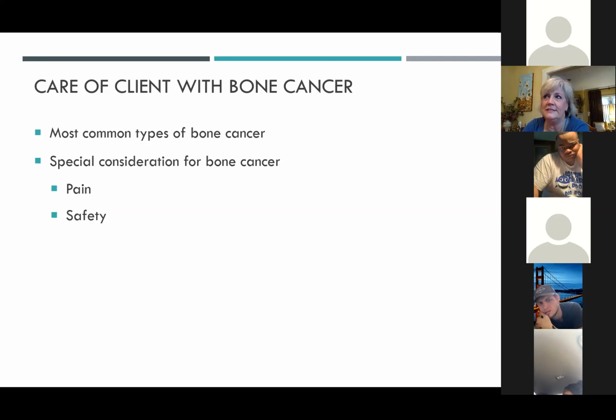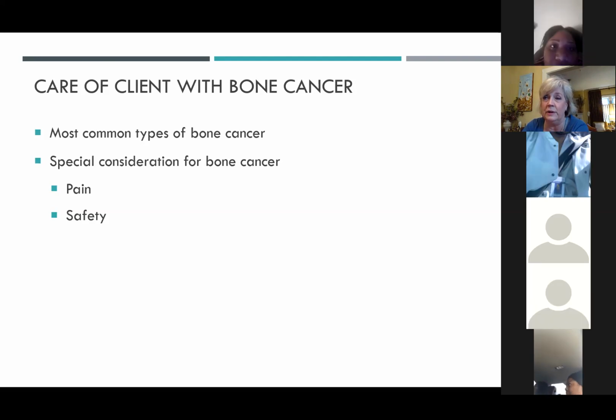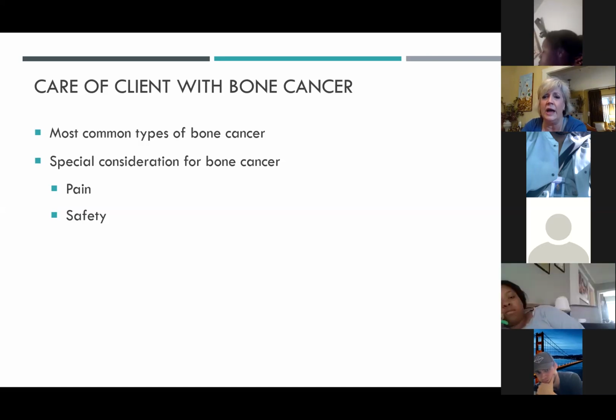I hope I didn't say that it's rarely a primary site for myeloma. Hopefully I said that bone cancer is rarely a primary type cancer. It's usually a metastatic type cancer. Gotcha. If you do have bone cancer, the primary will probably be myeloma or Ewing sarcoma. Okay, thank you. Does that sound better? Yes, ma'am. Okay, all right.